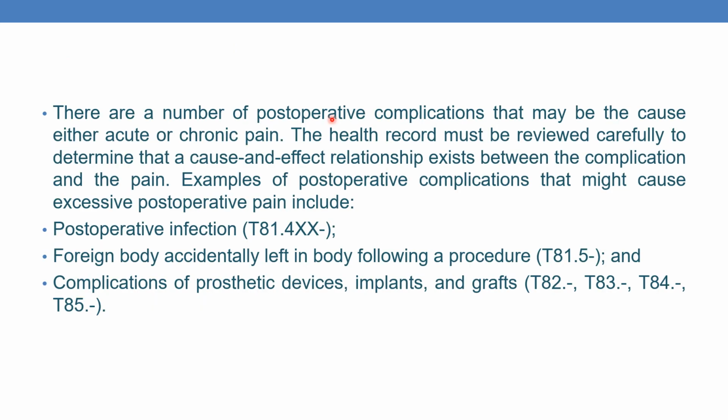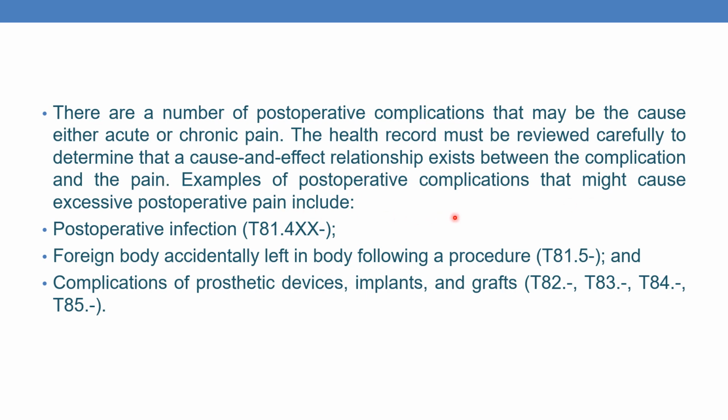There are a number of post-operative complications that may cause either acute or chronic pain, and the health record must be reviewed carefully to determine the cause and effect relationship. By default, you should not consider it as post-operative pain due to complication. There must be a cause and effect relationship existing between the complication and the pain.